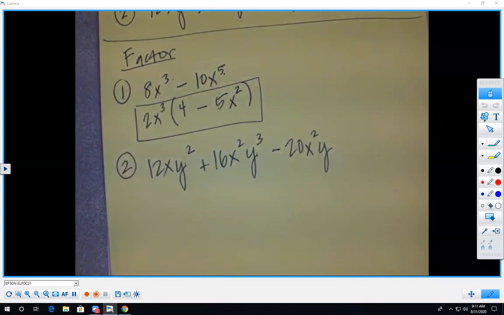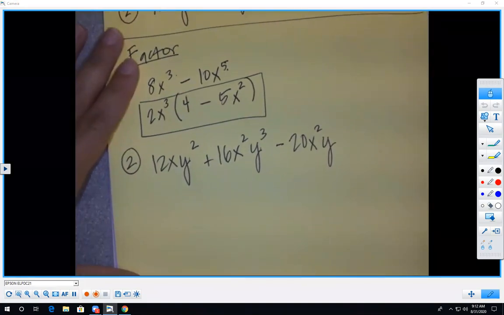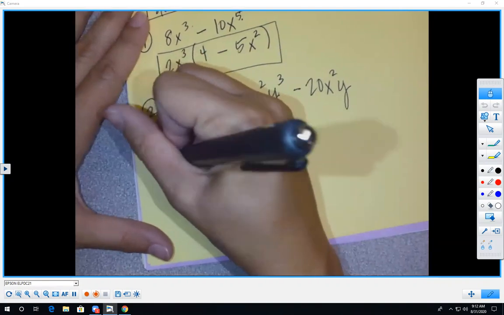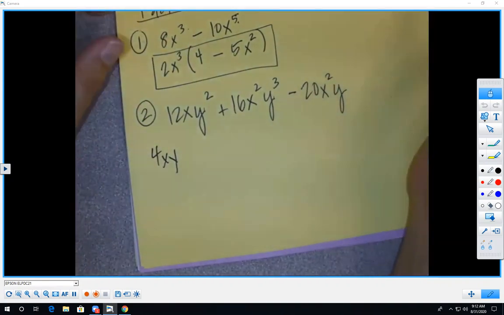Take a second and try to factor that if you haven't already started. Okay, so again, 4xy is the greatest common factor.